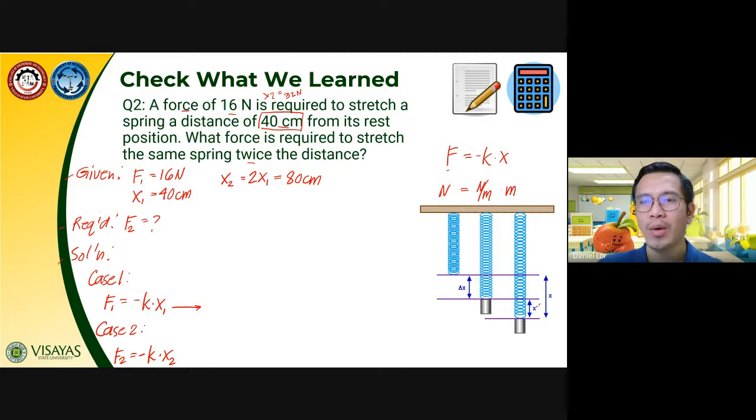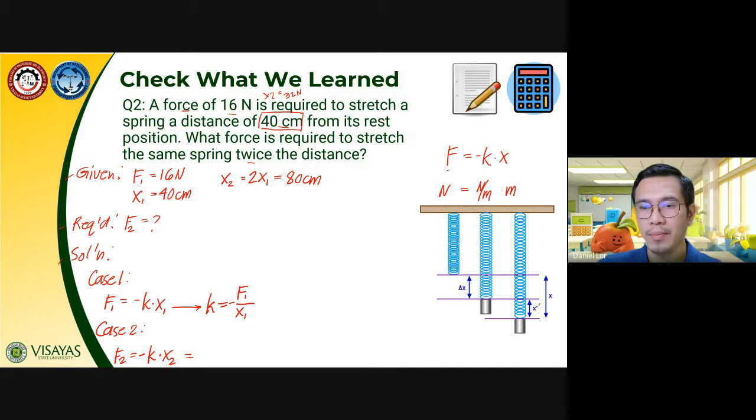So we can rewrite our equation for case 1 as k is equal to, we divide both sides of the equation by x sub 1, so it will become negative F1 over x sub 1. And then, this value of k, we substitute in our equation for case 2.